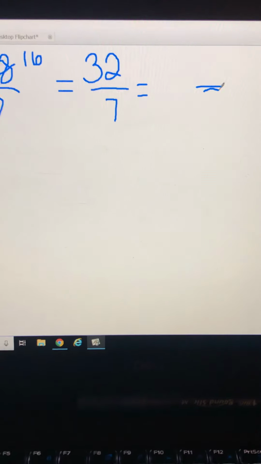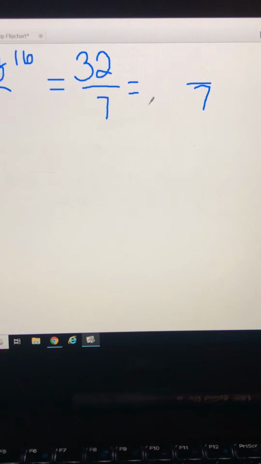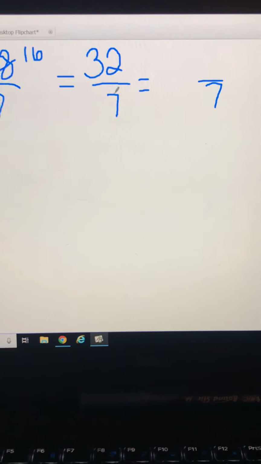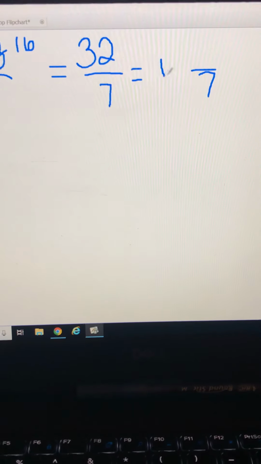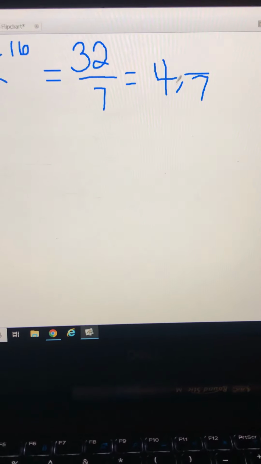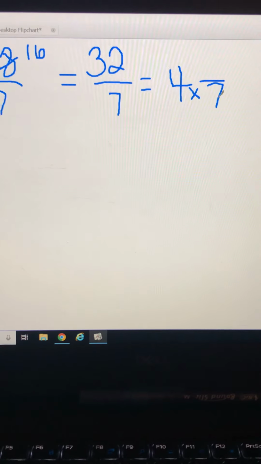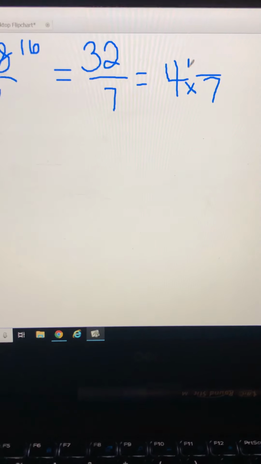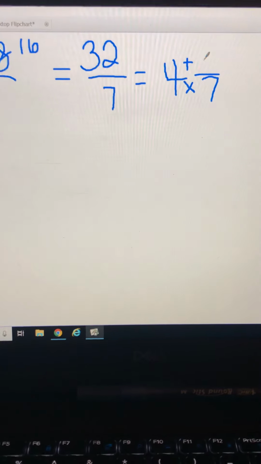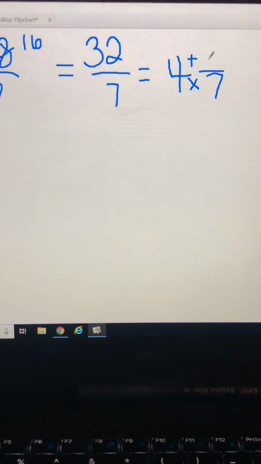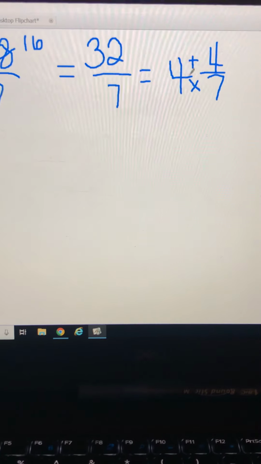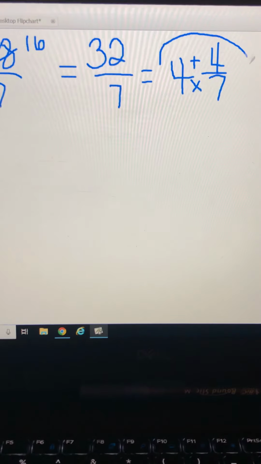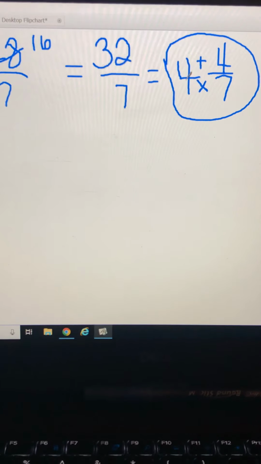I know I'm going to have a denominator of 7. Well, how many times will 7 go into 32? It will go 4 times because 7 times 4 is 28. Well, 28 plus what will give me 32? 4. So therefore, 4 and 4/7 is my final answer.